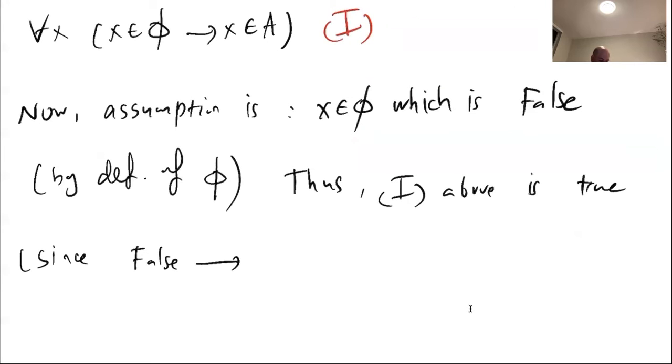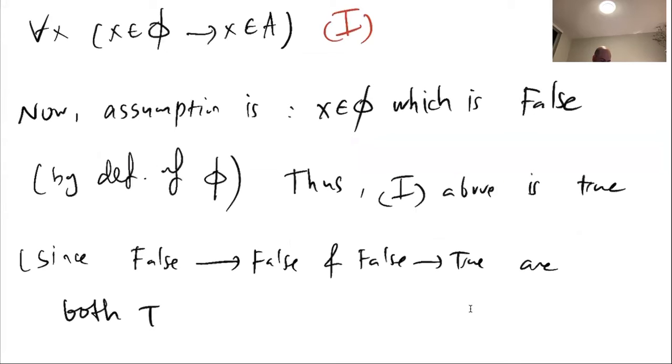False implies false, and false implies true are both true, right? So whenever the hypothesis is false, the whole conditional statement is going to be true, no matter whether the conclusion is true or false. So this is what we have learned in the first chapter, right? P implies Q is true as long as P is false, no matter whether Q is true or false.